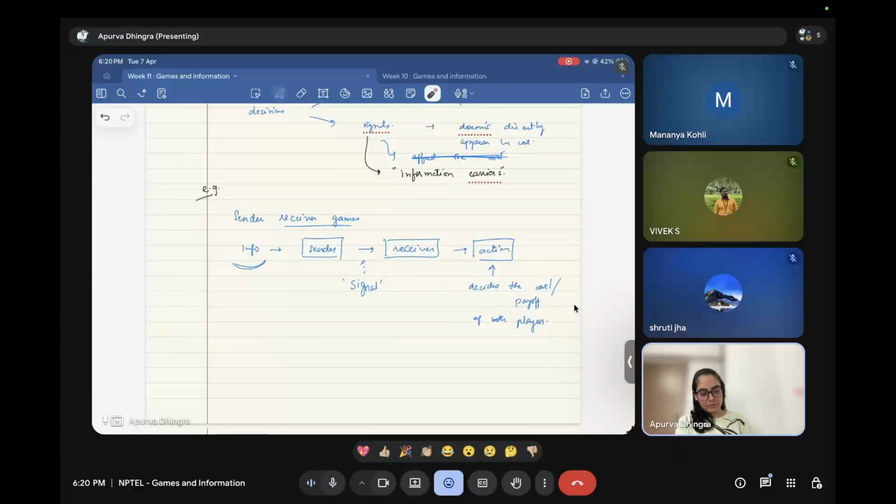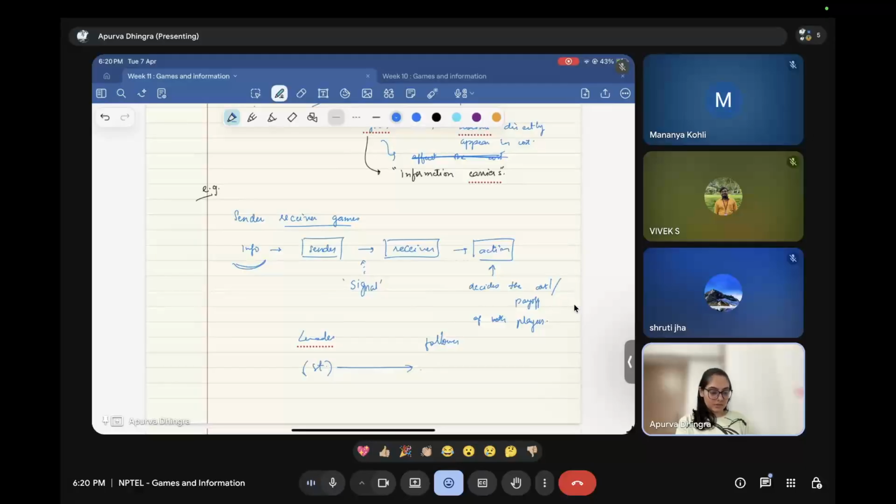Like in Stackelberg, what was happening was the leader committed to a strategy first. Sorry, the leader committed to a strategy. Now, whatever this strategy was, it was known to the follower, and the follower used this strategy to choose his own action. So if this was the action of the follower, he would be using this information, and that will ultimately affect the cost.